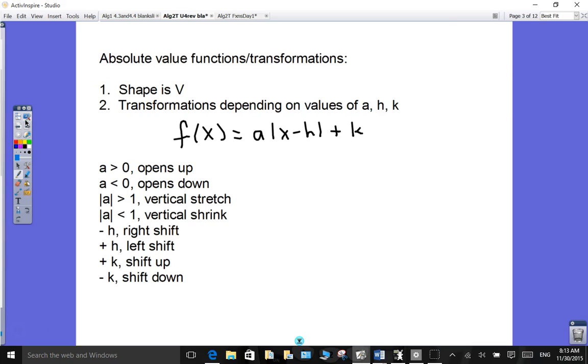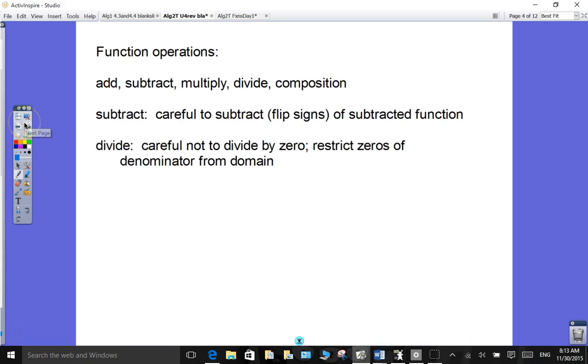When we see a minus a number inside the function, that means right shift. If we see a plus a number inside the absolute value, that means left shift. Outside the absolute value, plus means up, minus means down. These are just reviews, so hopefully.